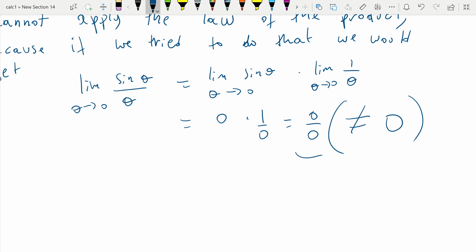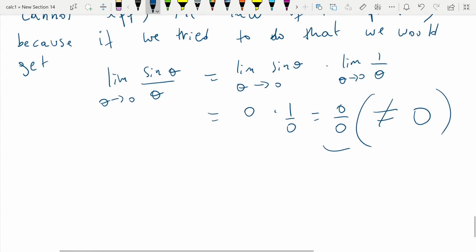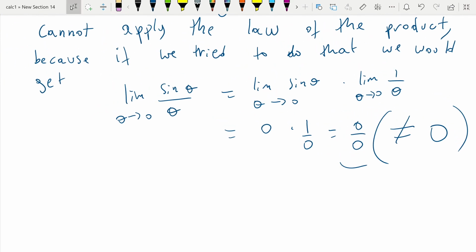This is completely nonsensical. If you're trying to solve a problem and you arrive at something like this, it means you're doing something wrong and you need to check whether you can actually apply the rule you're trying to apply. Here it doesn't, because if you want to take the limit of a product and separate it into the product of the limits, or use the quotient rule, you need to check that the limits exist. If you write it as a product, the limit of 1 over theta as theta approaches 0 does not exist, so you're not allowed to use that rule.